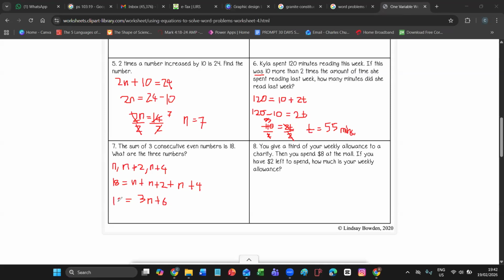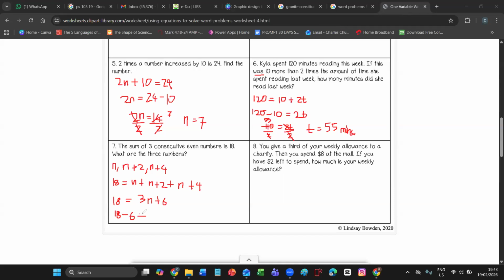And remember, we're looking for n first. Then when we find n, we can find the other even numbers. So we'll move 6 over to meet 18. Yes. So that will be 18 minus 6 equals 3n.